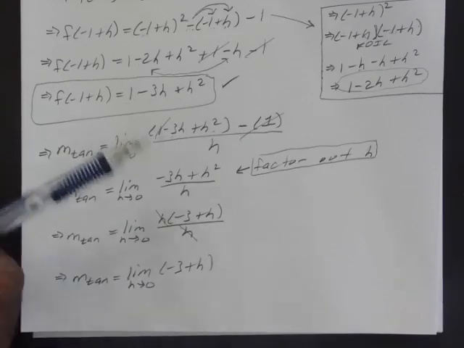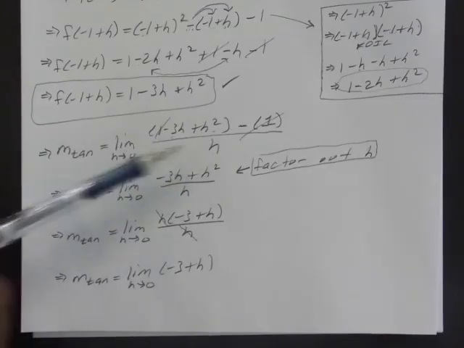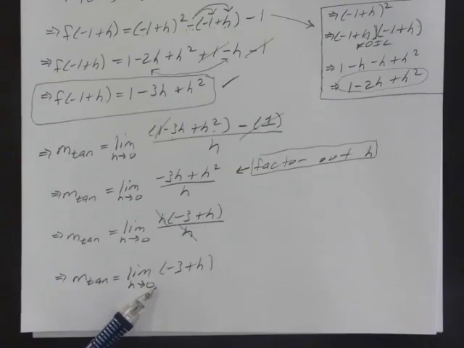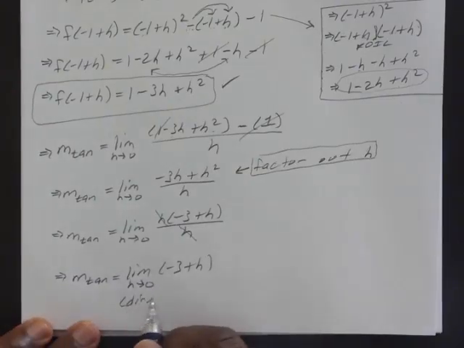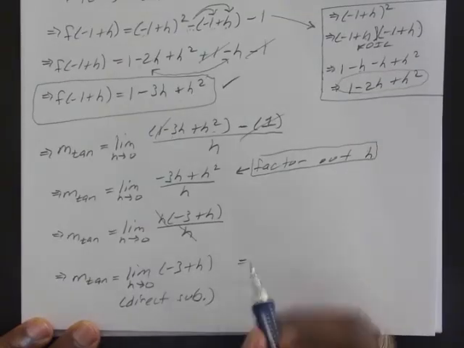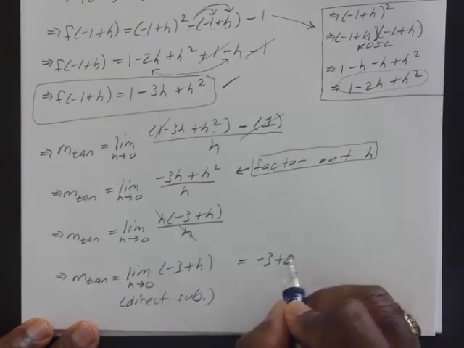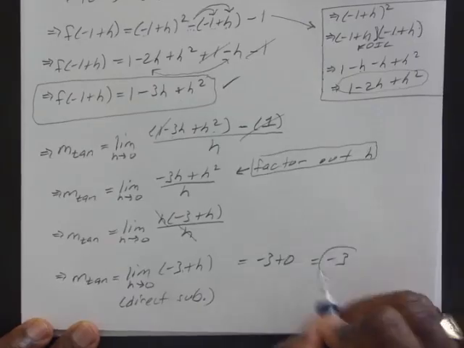Okay. Now, we couldn't do direct substitution up here at the very beginning because we had a denominator of 0. But after doing all of that, we can use direct substitution. That just gives us negative 3, and replace h with 0, so negative 3 plus 0, which is just negative 3.